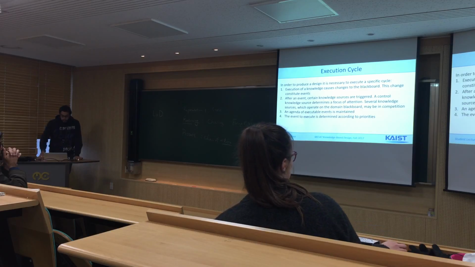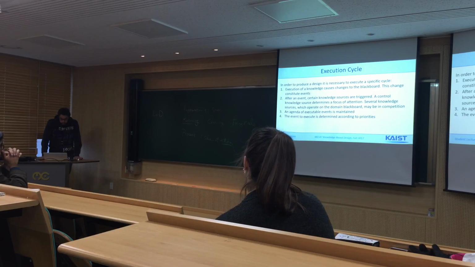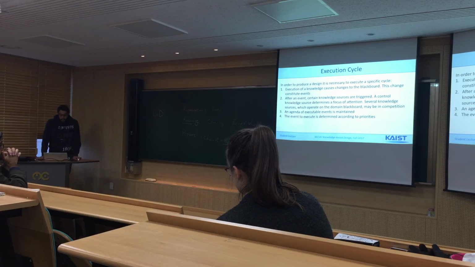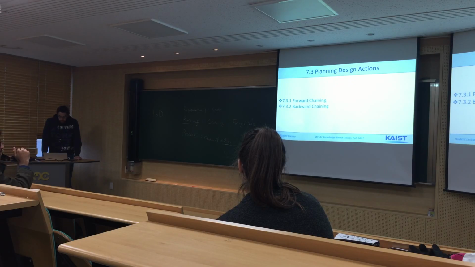So basically you have all your knowledge and your actions, and you make, as I explained before, a hierarchical list, and you execute the events according to priorities, and this way you are able to execute all the passages you need until arriving at the goal. So until now I talked about the control, and now I'm going to focus on the planning of design actions.